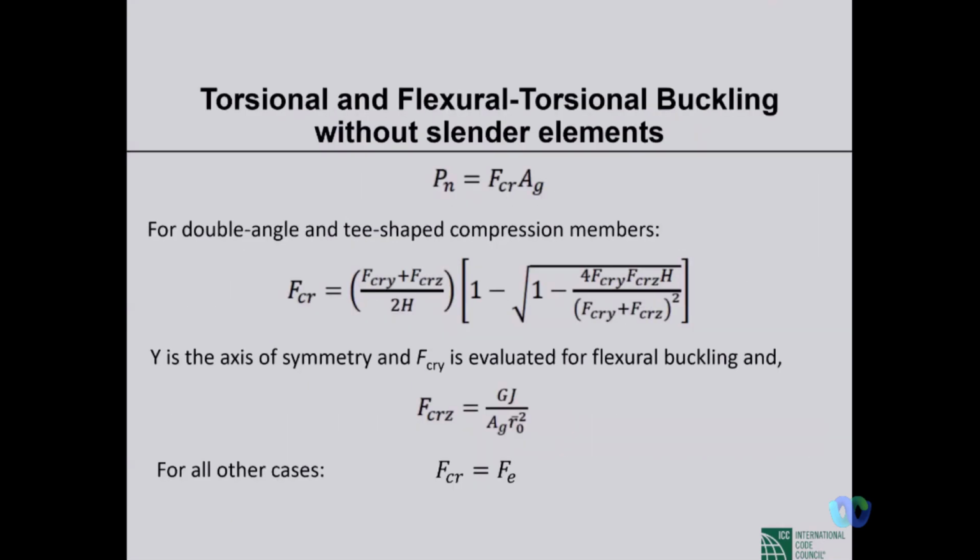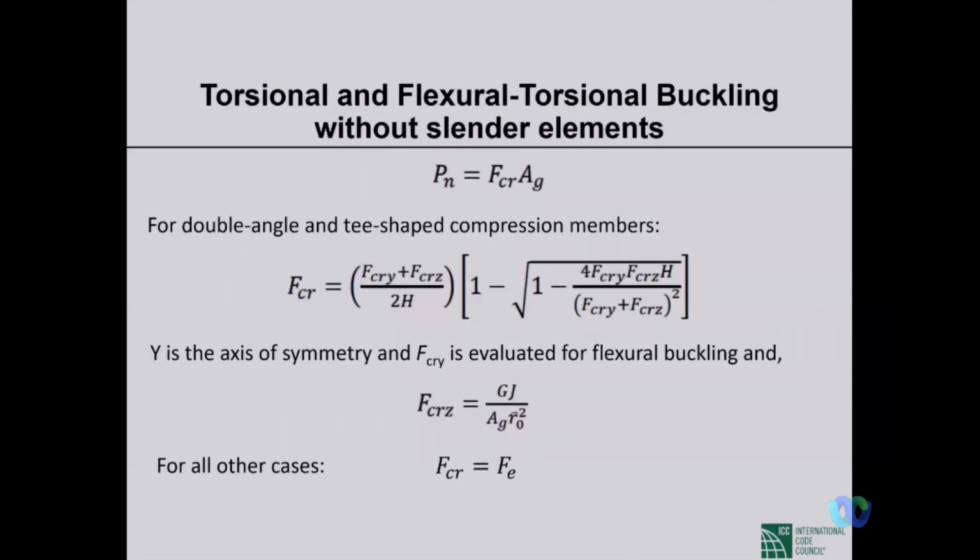Now, in case of unsymmetric members, that is, members that don't have two axes of symmetry, there we can expect flexural torsional buckling, right? But there may be two cases, even in that case.